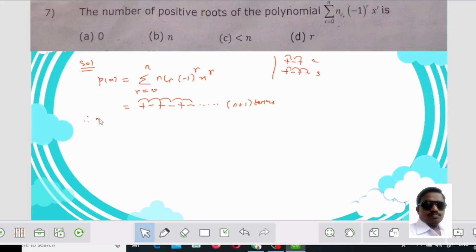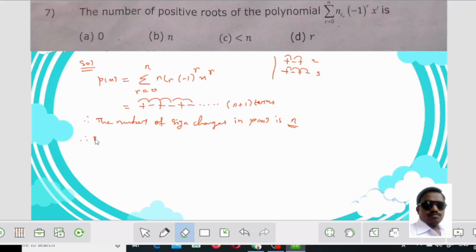Therefore, the number of sign changes in p of x is n.